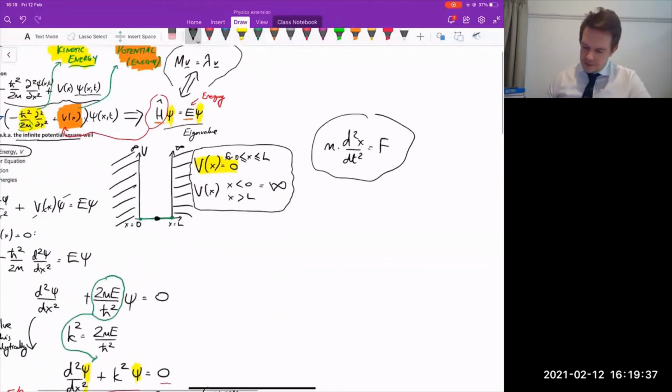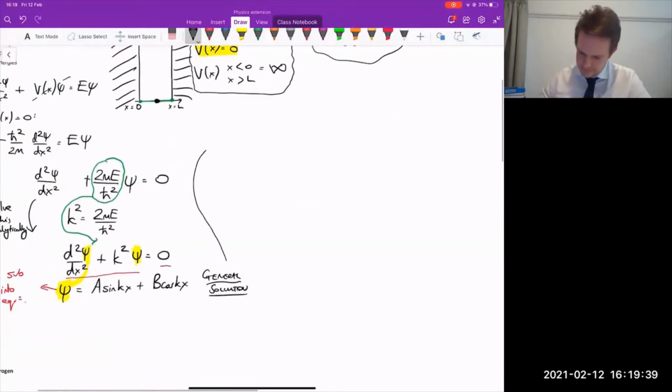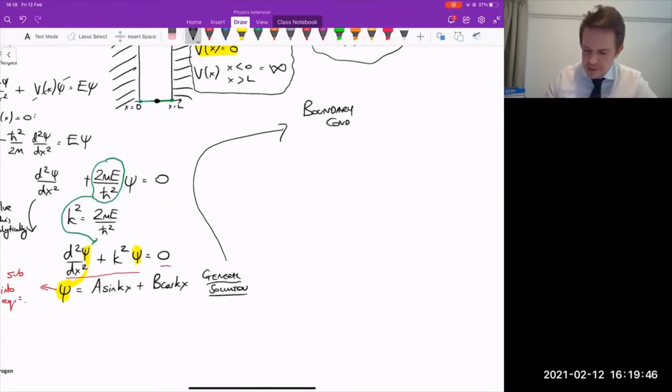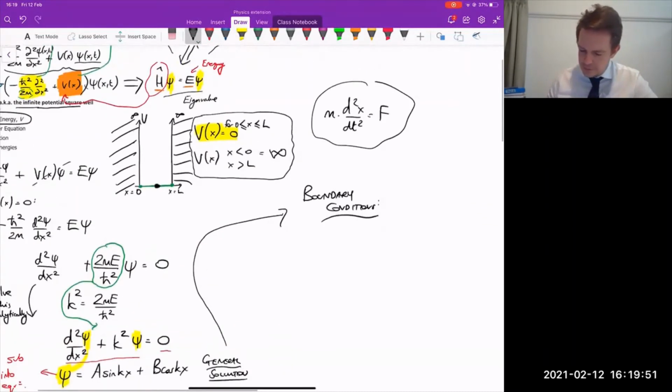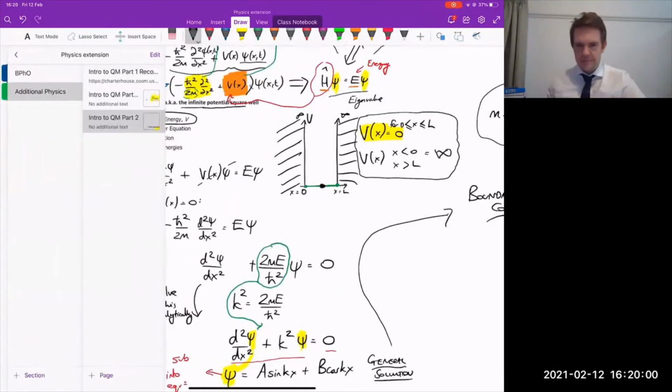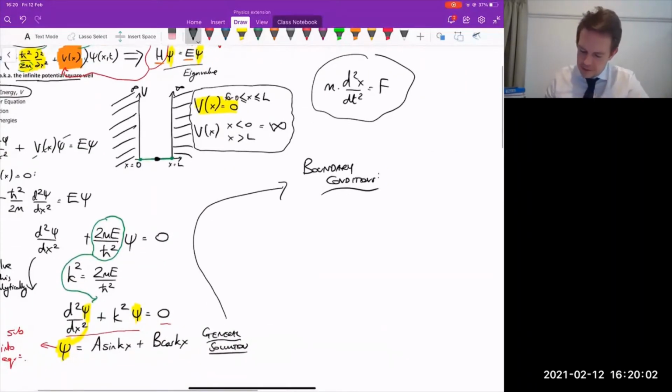So to go from the general solution to a particular solution, we need to have what are called boundary conditions, which are as follows. Because the wave function has to be continuous, you can't have it being discontinuous, like going from one value to another. And because the particle can't be outside the box, these regions here are disallowed. The particle can't be out here.